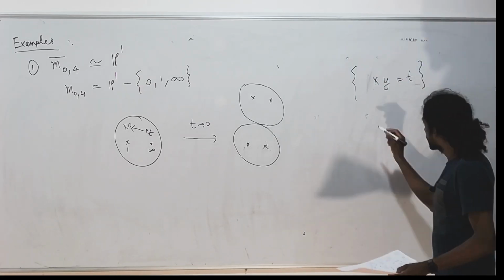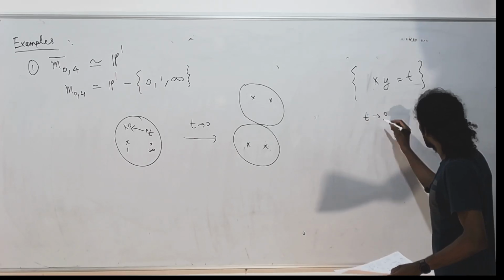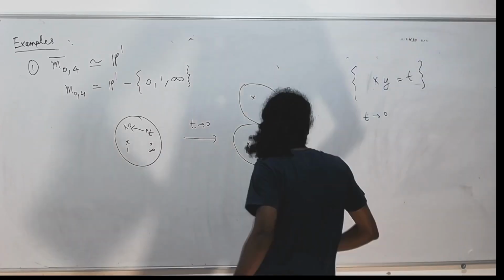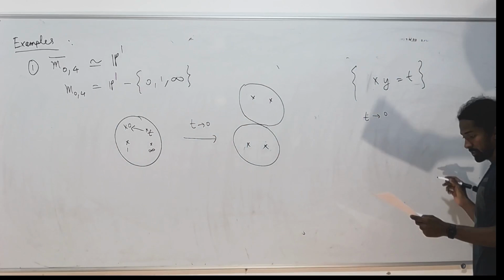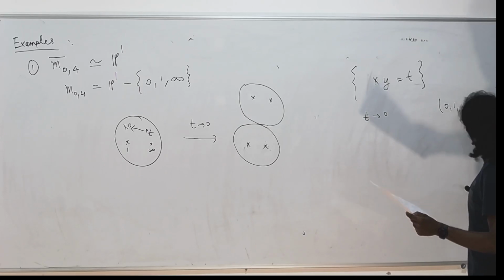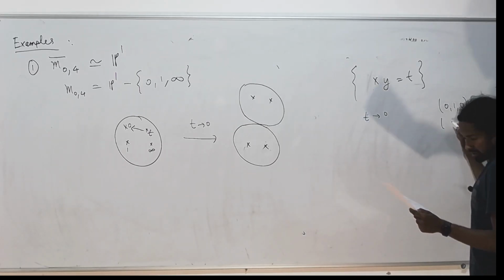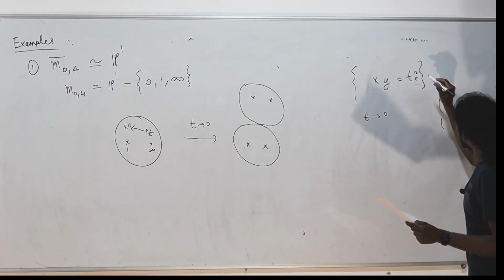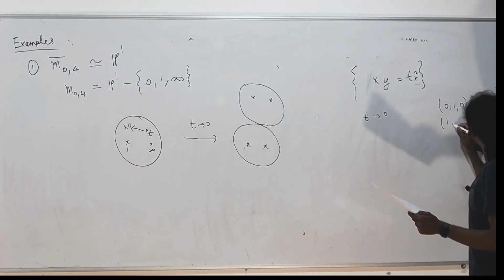Now I want to take t goes to 0. In the real picture, I need to mark a bunch of points. I will mark the points (0,1,0) and (1,t,1).